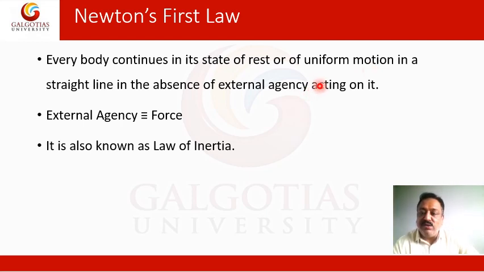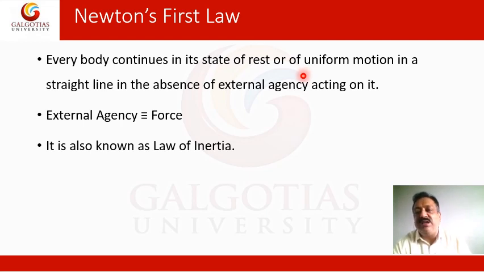But contrary to this, we see if I roll a ball on the floor, I'll find it will start slowing down after certain rolling, and it comes to rest. What is making the change in the speed of the ball which I have thrown?